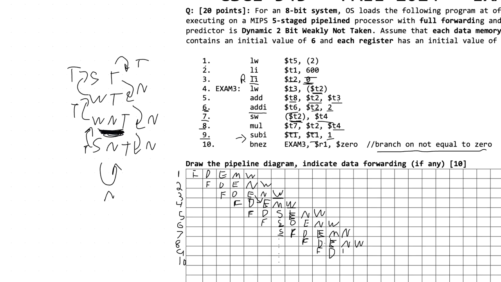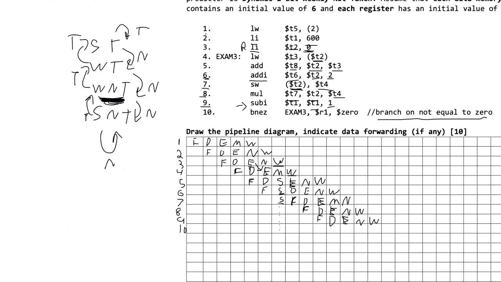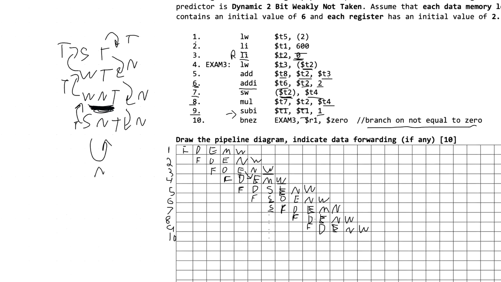So we got ourselves fetch, decode, exec, no ops, because this is an R type, and write back. Okay. And instruction 10, this is where it gets a little fun. We got ourselves a branch. So I'm going to start out with my branch, fetch, decode. A lot of stuff is happening in branches. It's not just checking data dependencies, which there clearly is a data dependency, but we'll get to that in a moment.